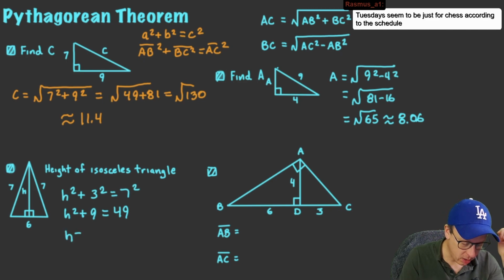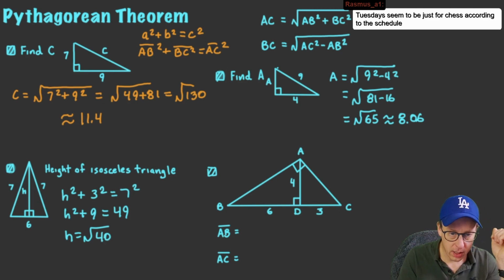So we know that h is going to be equal to the square root of 40. If we want to simplify this down, what we can do is figure out the prime values that we can multiply together to get a value of 40. Those are going to be 2, 2, 2, and 5.